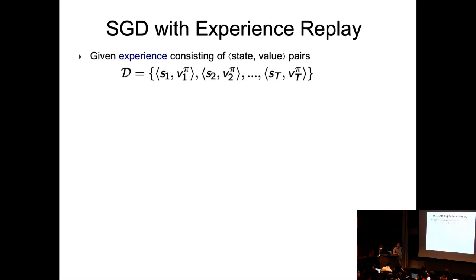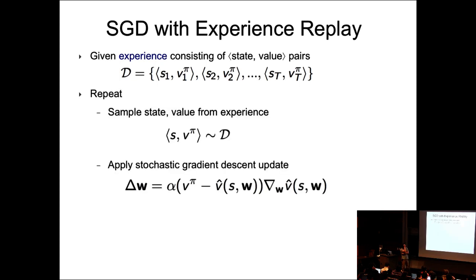We can also do something that's called experience replay. And this is something that, in the future, is going to be very suitable for our needs, and something that you will be implementing in your second homework assignment. We're going to be looking at experience consisting of state value pairs, let's say, and we're going to be learning using the following setting.